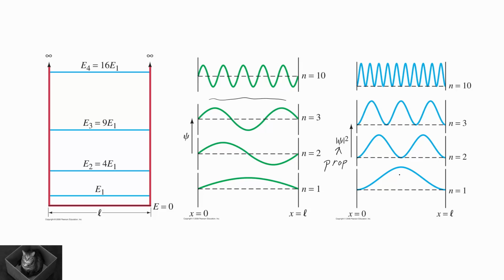If it's in an excited state, I'm not going to find it ever in the middle. I'm most likely to find it here and here. If it's in a third excited state, I could find it in the middle or on the sides of the box and so forth. So that's what this is telling us.